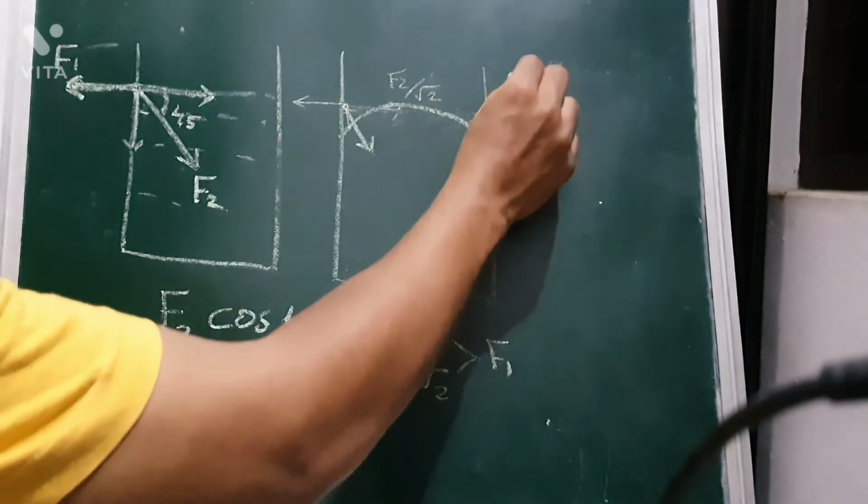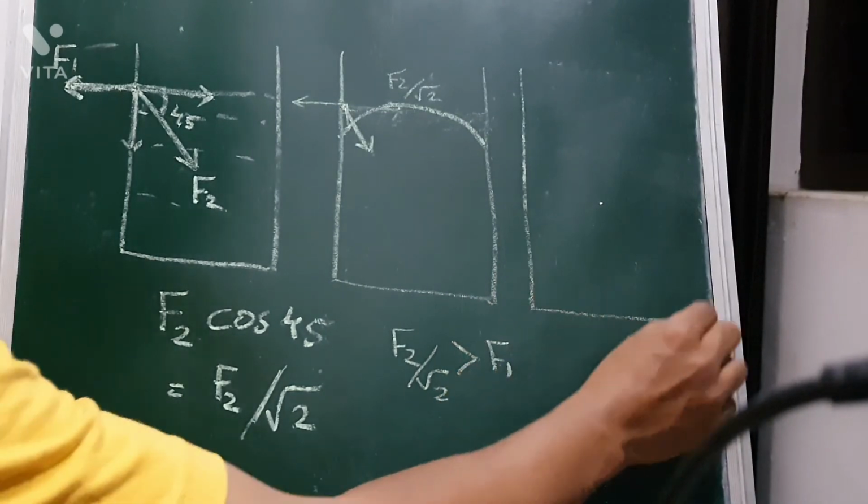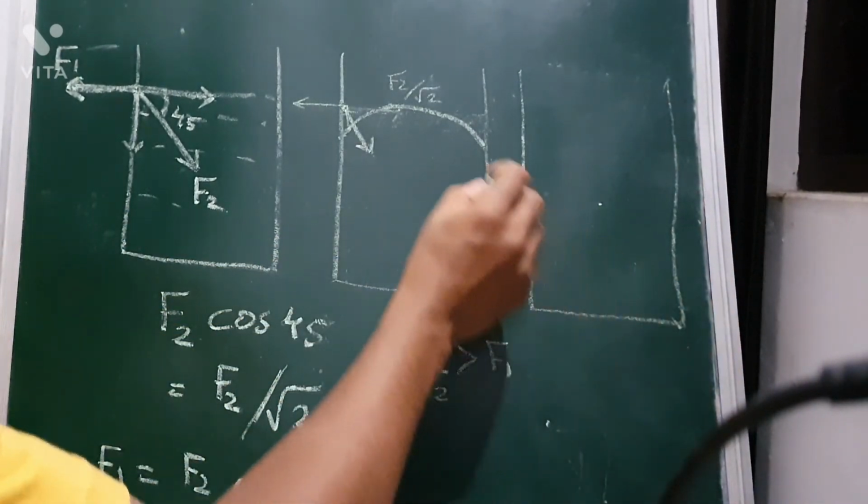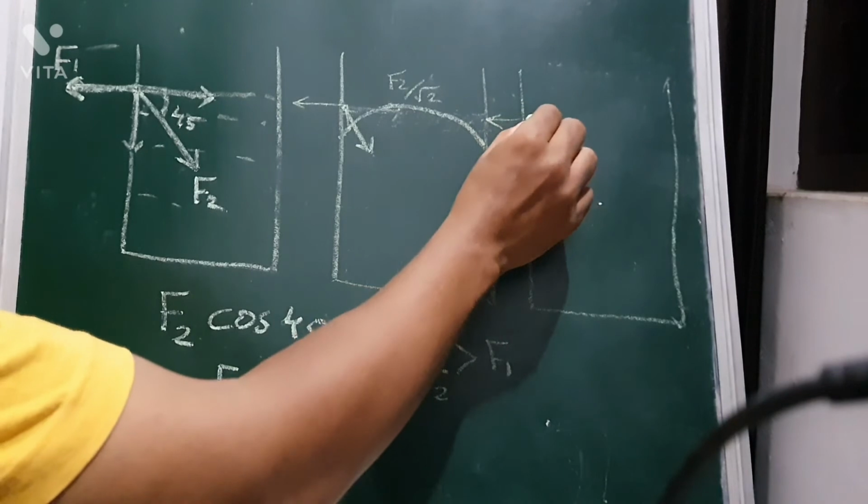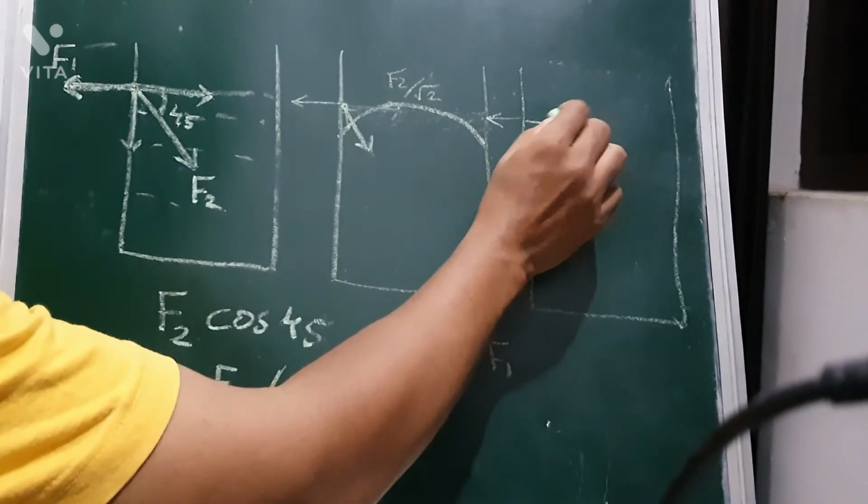Okay. Similarly, we take the same case: we consider F1 is acting in this direction, F2/√2 is acting in the other direction.